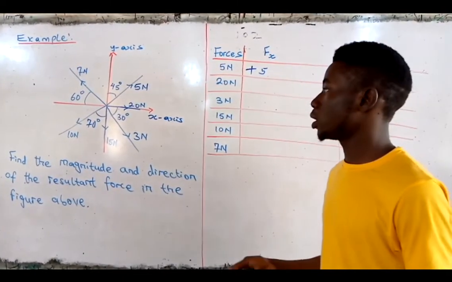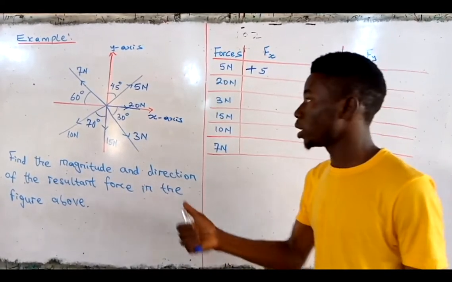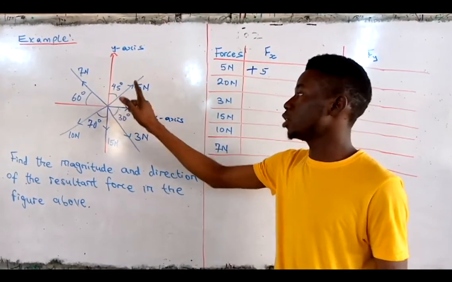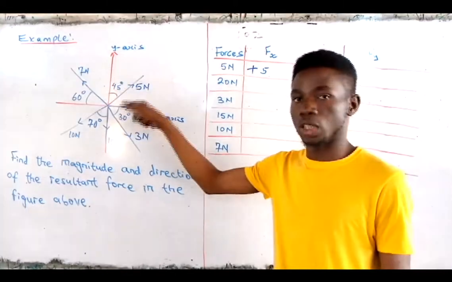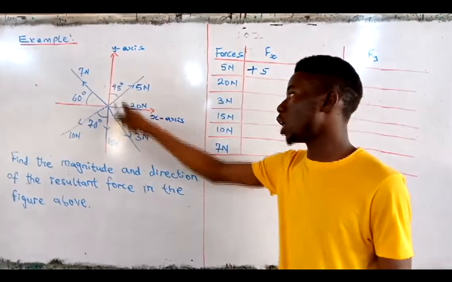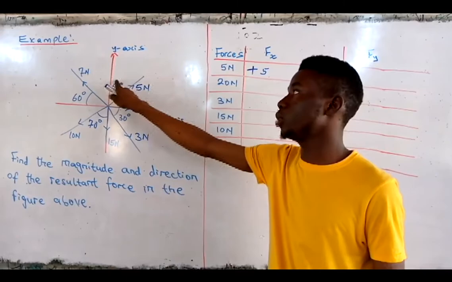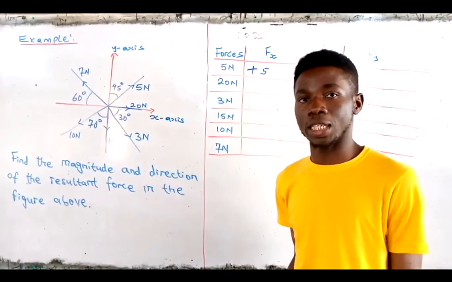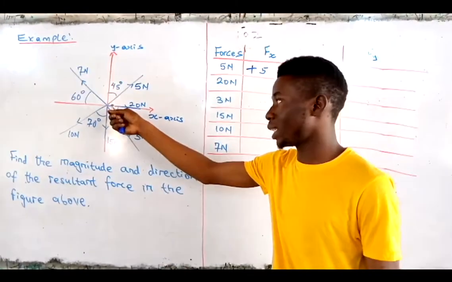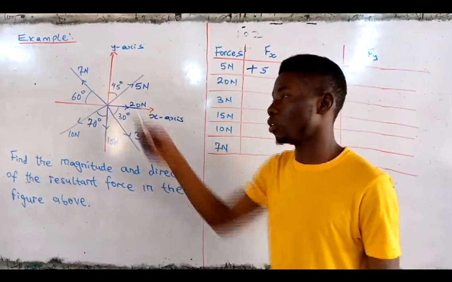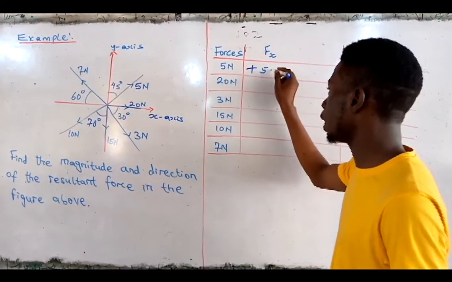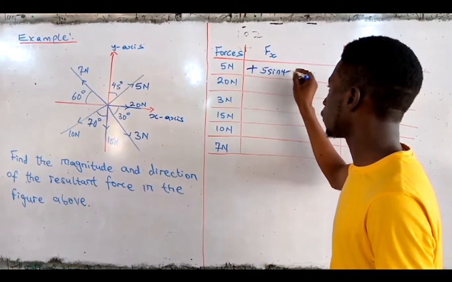Then, if you observe here, between 5 Newton and the x-axis, which we are dealing with presently, there's no angle in between them. Instead, the angle is made with the y-axis, which implies that we are going to make use of sine of this angle. So we'll make use of sine 45 degrees.